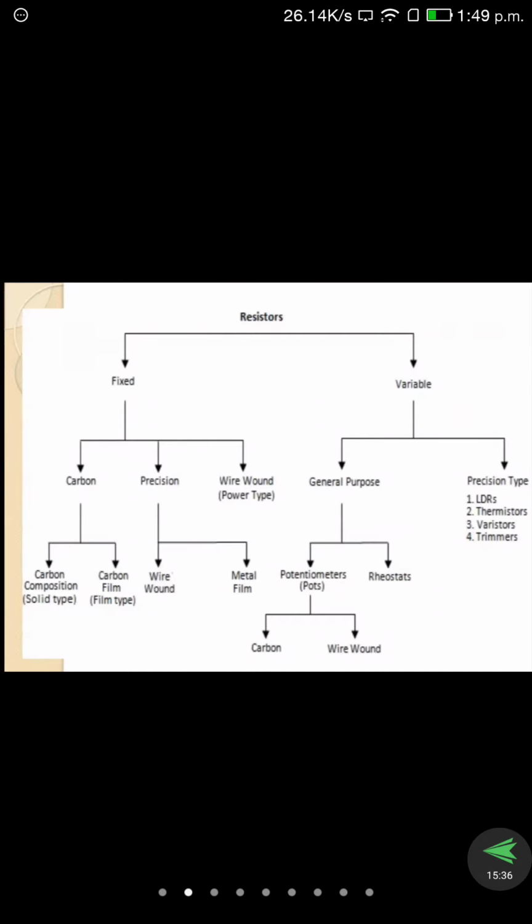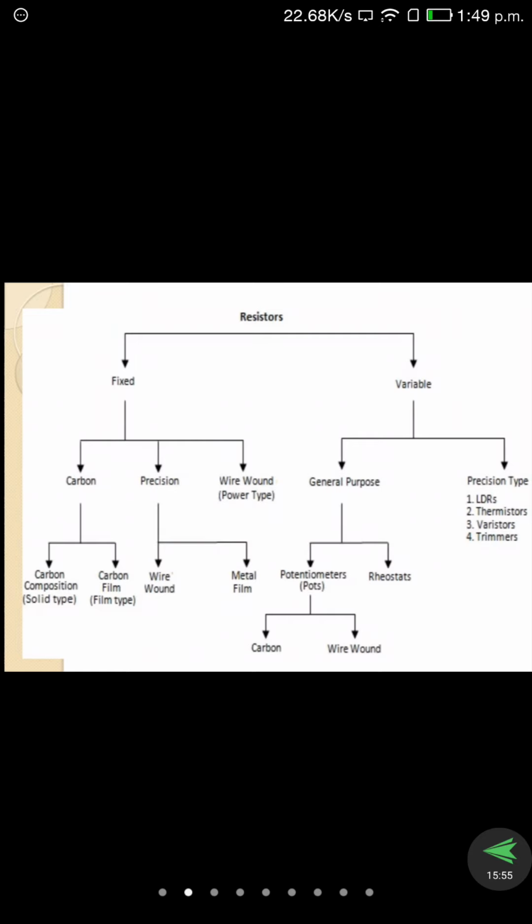Wire wound is nothing but a nichrome wire or a resistor wire wound around a ceramic material or a non-conductive material, a non-electroconductive material. So that we call a wire wound resistor.